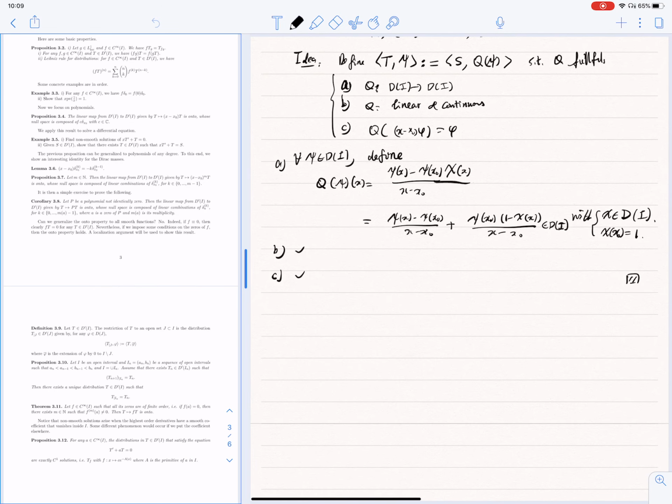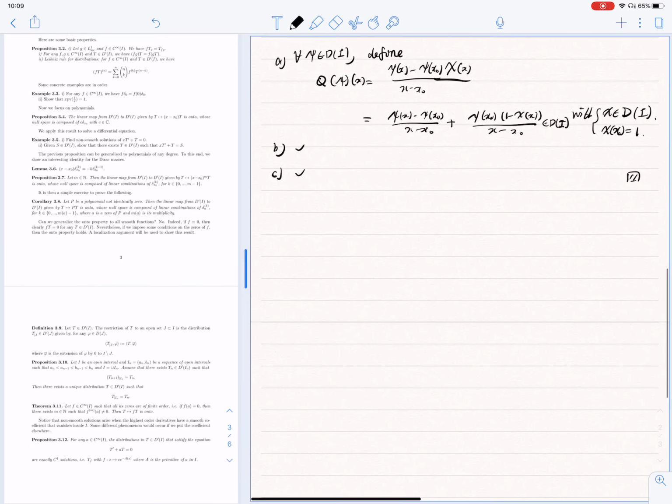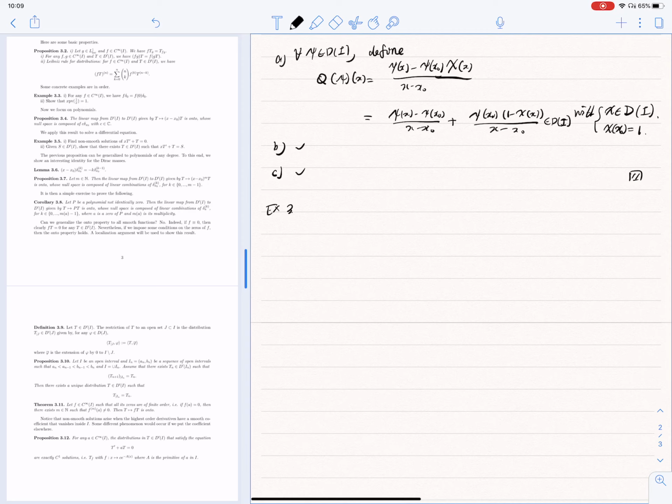First we realize that this operator is equal to (xT) prime by Leibniz.